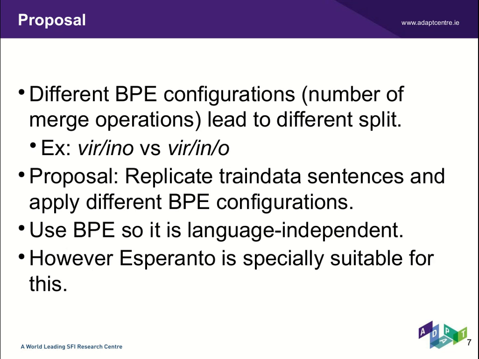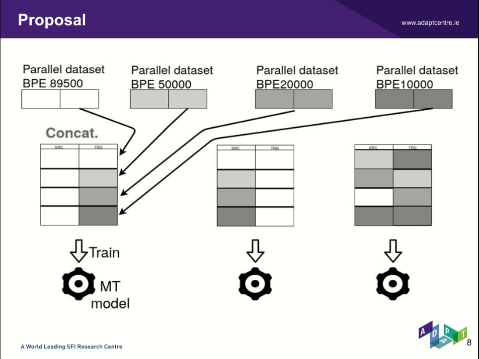Actually, we use BPE because it's a popular approach and it's language independent. So the outcomes of this work could be used for other languages as well. However, Esperanto is especially suitable for this approach because many words have different affixes and suffixes.